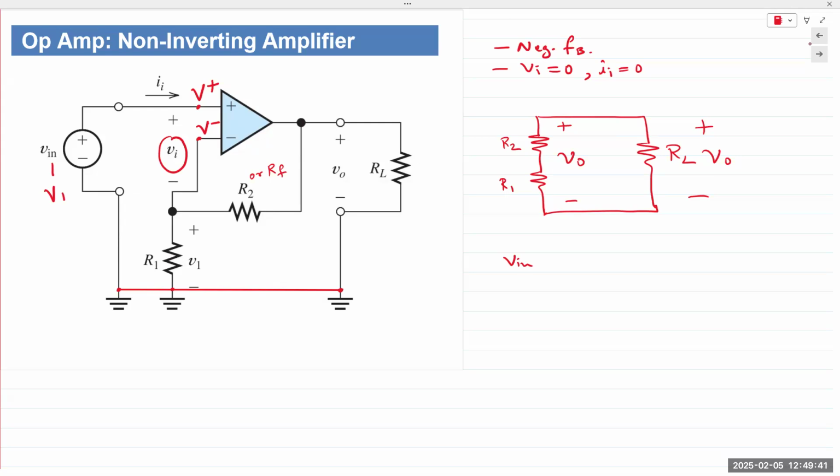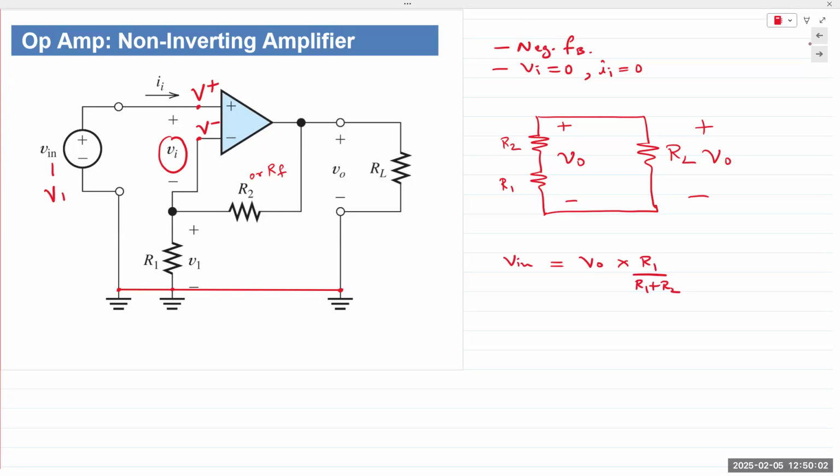Again, virtual short concept. So if it's the same, I can write V in is equal to VO times R1 over R1 plus R2. Simple voltage division.